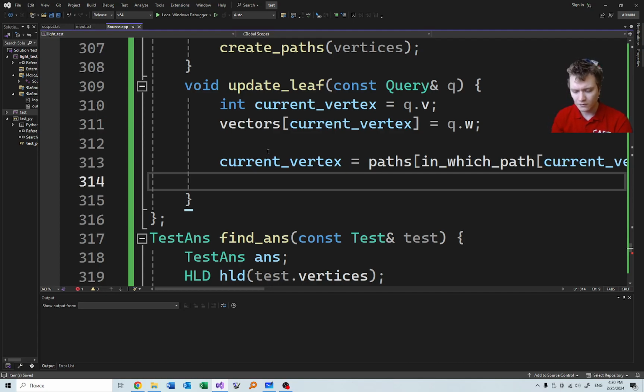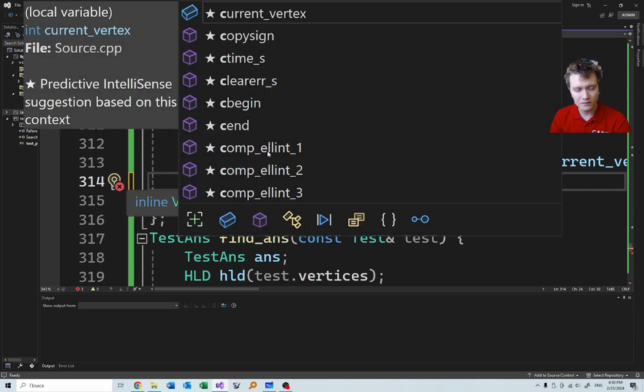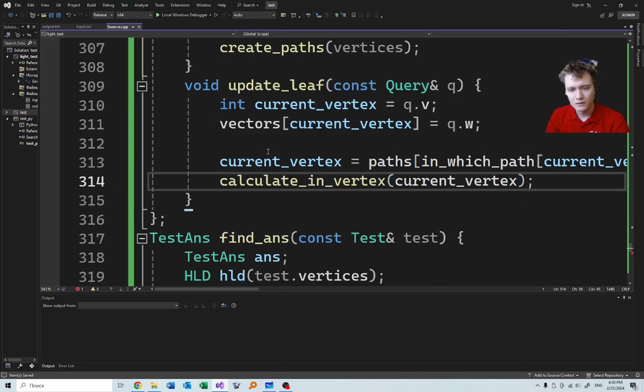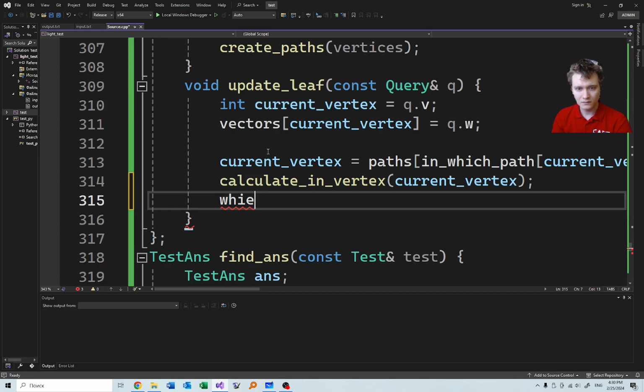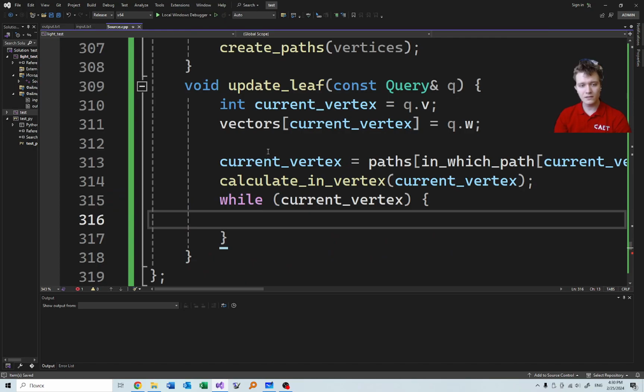So I need to calculate in vertex current vertex. Yes. Now, while current vertex, so while it is not a root, let's do something. So we are currently in the upper vertex of some path. Let's jump in the next path.